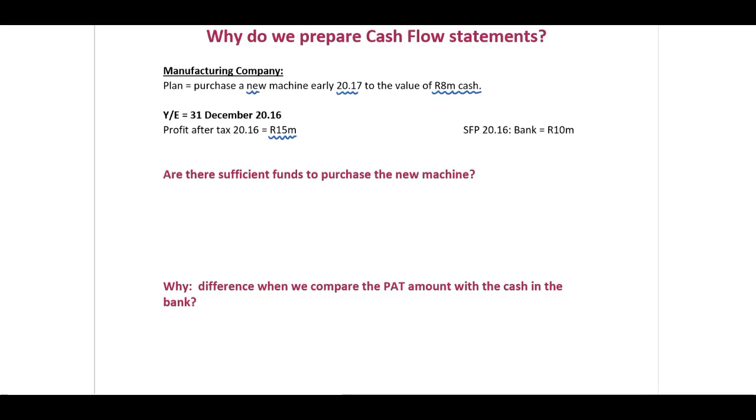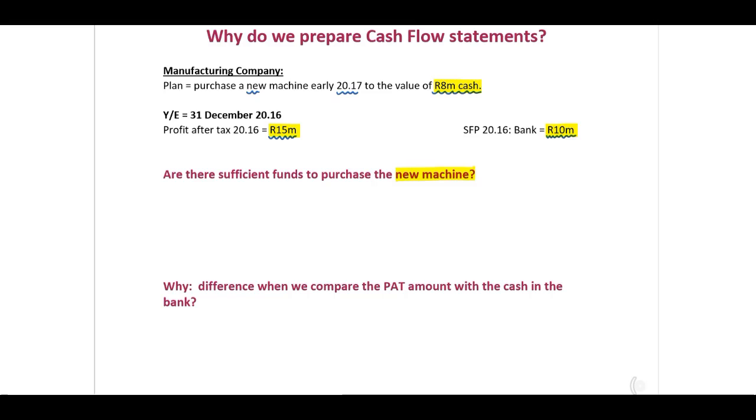In our statement of financial position, our bank account indicates that we have 10 million available. Now, when you look at this, 15 million for our profit after tax, 10 million available in our bank account, and they want to buy a machine to the value of 8 million. Are there sufficient funds to purchase the new machine?